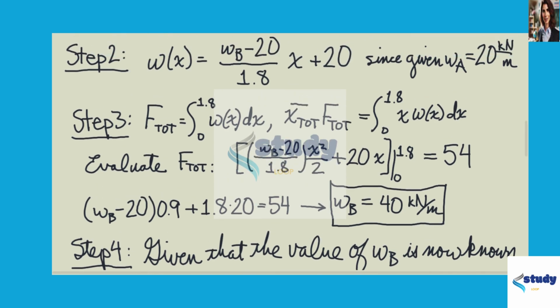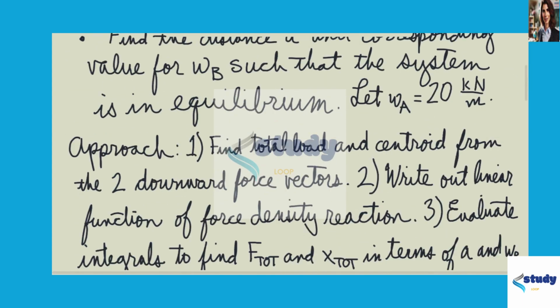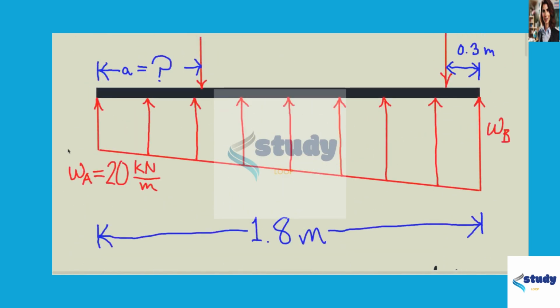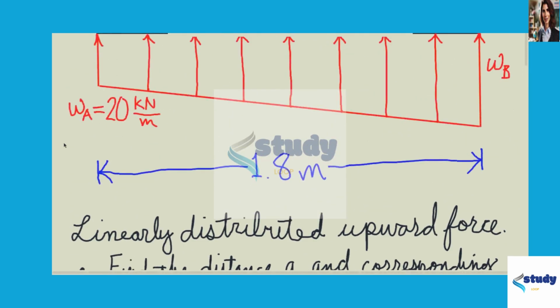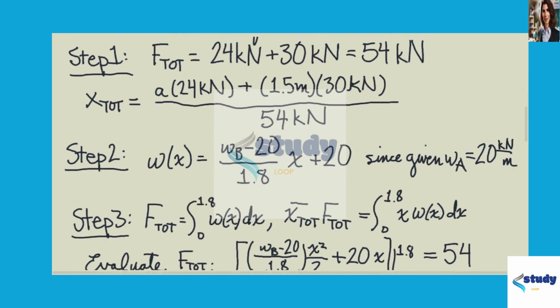Step two was to write out the equation describing the linear force density that points upward. We find the slope, which is the final y-coordinate, W sub B, minus the initial y-coordinate, W sub A, equals 20 kilonewtons per meter. And that difference we divide by the total span of the beam of 1.8. Here, this is our slope term.